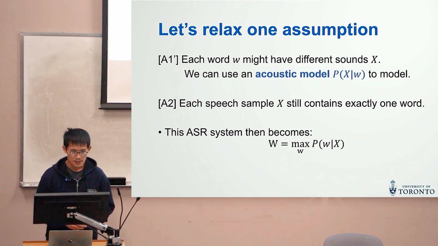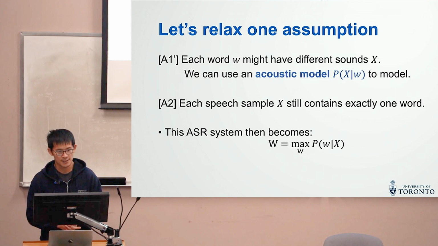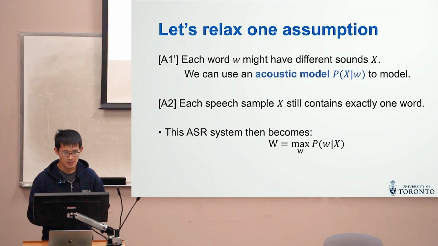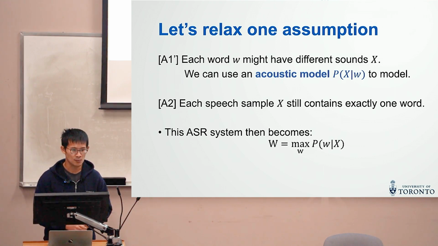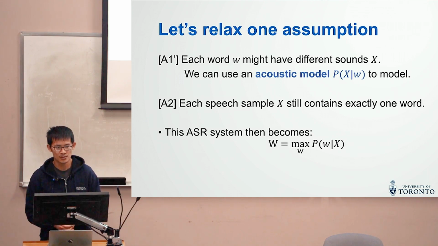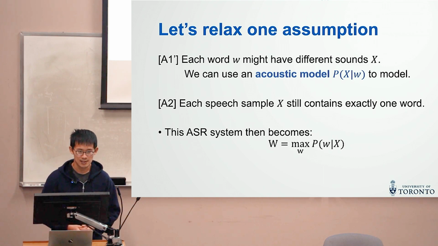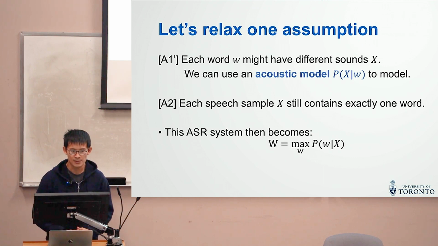So let's use an acoustic model to compute the probability of the sound given the word. We call this conditional probability the acoustic model. With this assumption, the speech recognition system then becomes a maximum probability search.